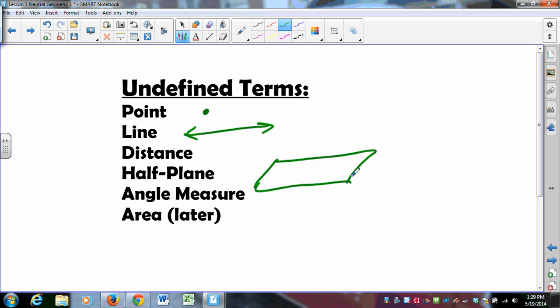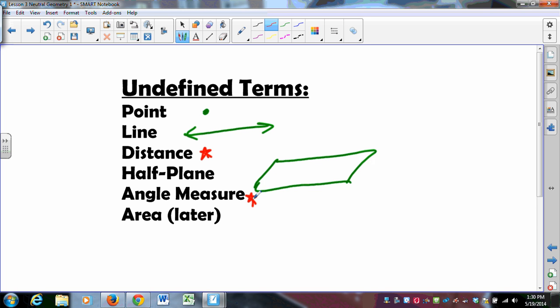There are 2 intriguing undefined terms to me: the idea of distance and the idea of angle measure. These are slight nods to Birkhoff from 1932. He created an axiomatic system for geometry that was beautiful because it involved measurement.